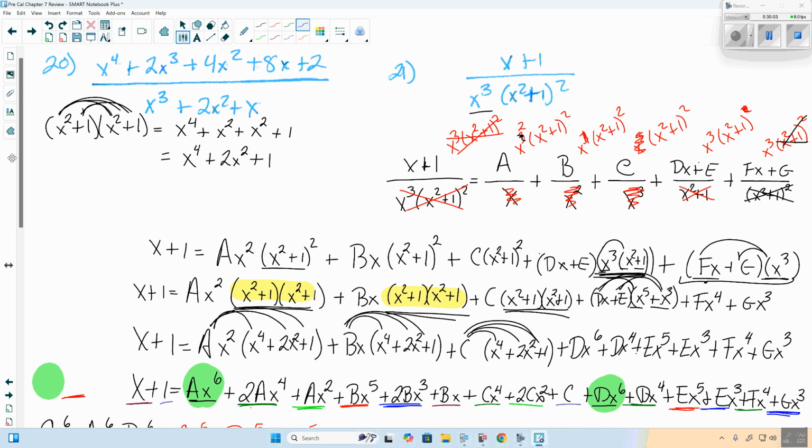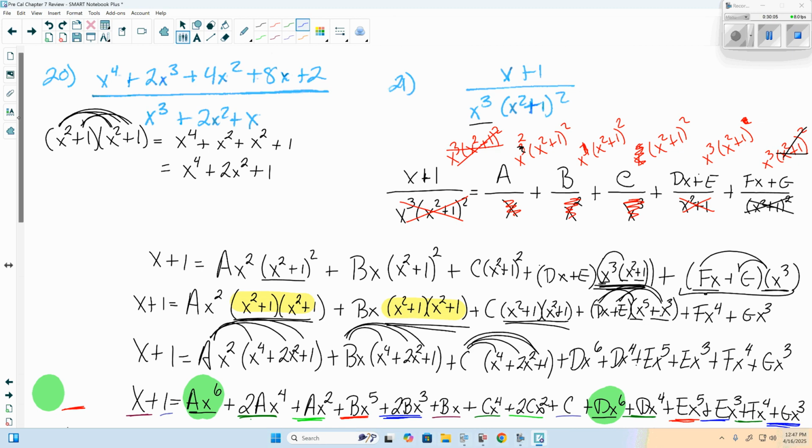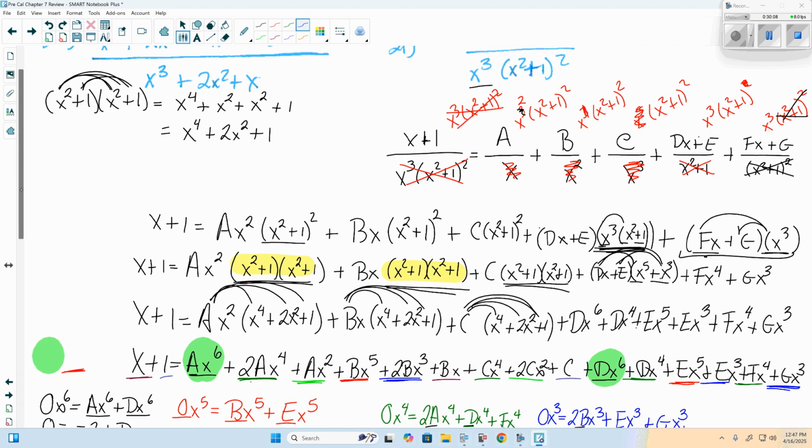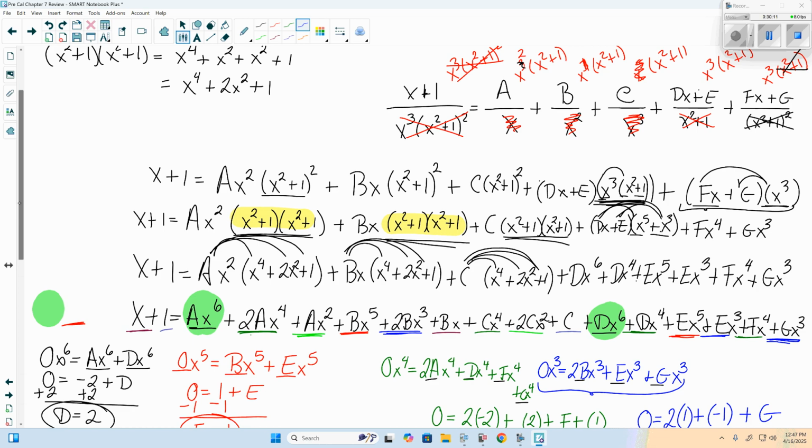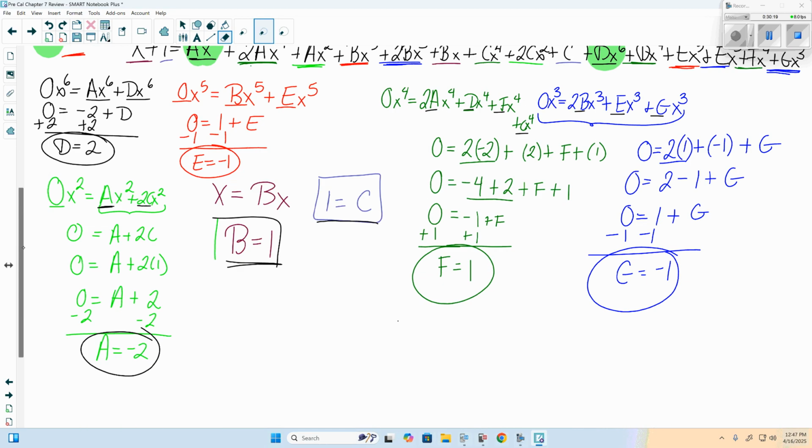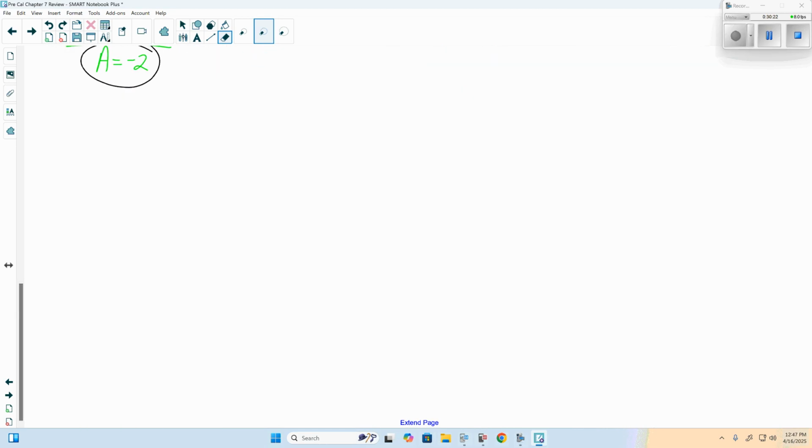Now at this point, we have all that marked out. We would rewrite it back in. So down at the bottom, I'm going to make room so it's not scrolling back and forth. Because our original expression, we had x squared, x cubed, x squared plus 1, and then x squared plus 1 squared.